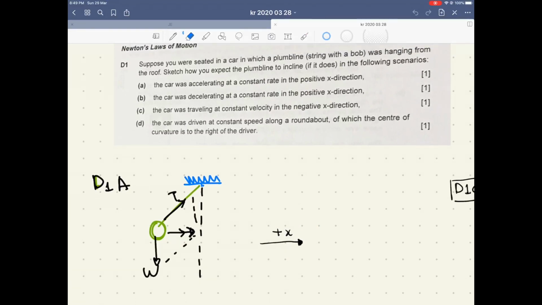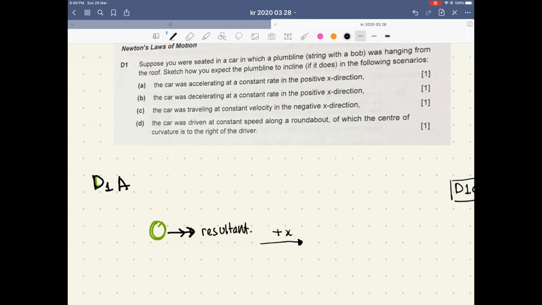Then, what is our conclusion? I think I draw from the very start. First of all, the resultant force will be pointing to the right. And remember, when we draw the resultant, it must be two arrows like this.